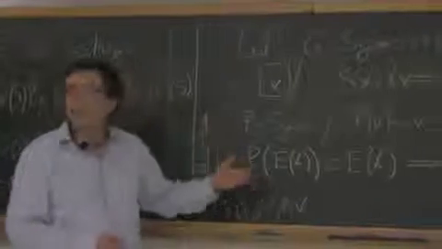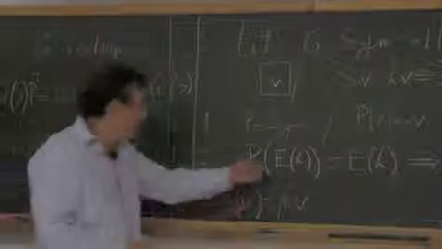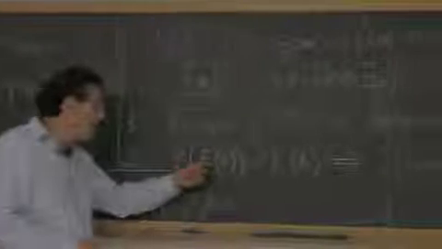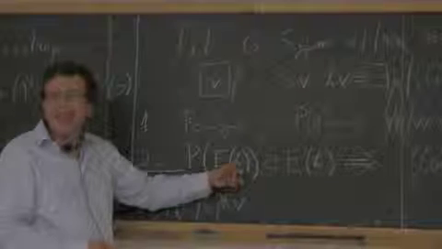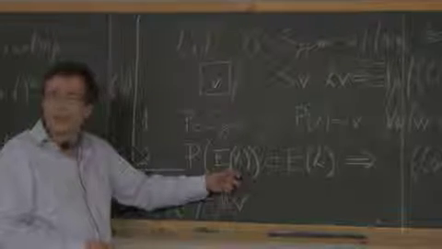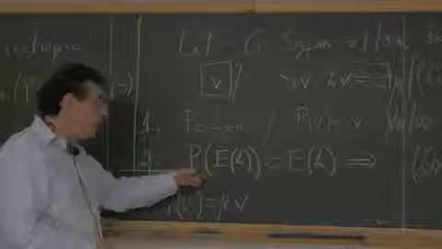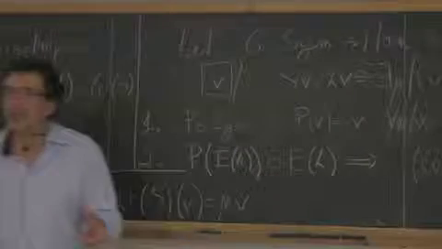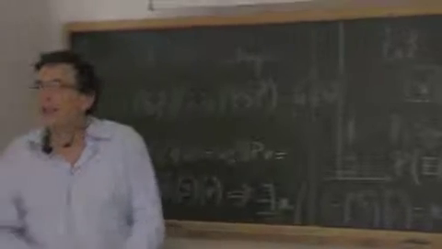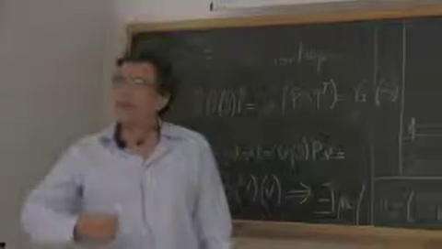So we can tell the following thing. Given the eigenspace relative to any eigenvalue lambda, P of this eigenspace is included in the same eigenspace. So what is this P doing?